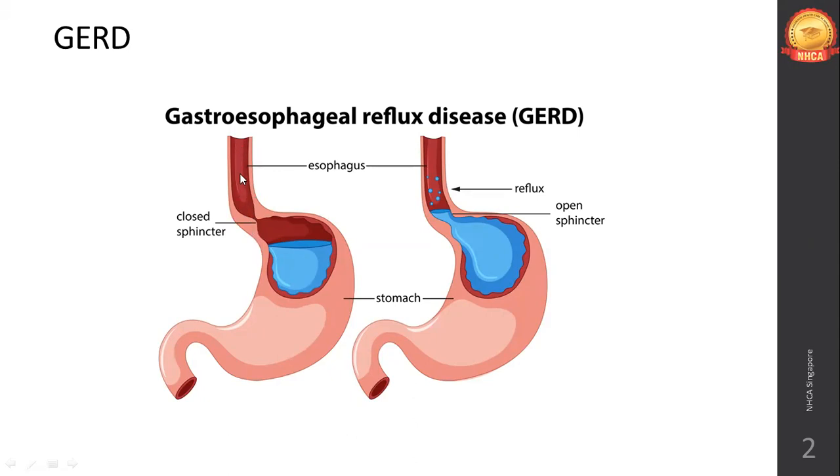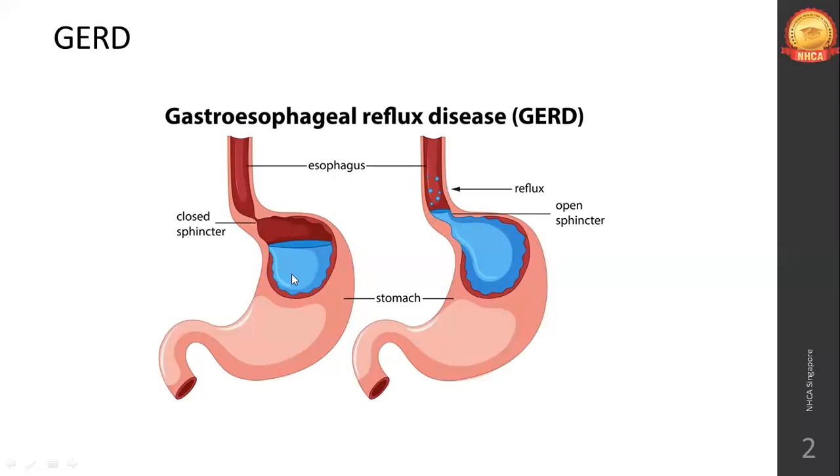As soon as the food comes here, the nerve reflexes make this sphincter open so that the food can come in. And as soon as the food has reached the stomach, the sphincter will close. Why does it close?